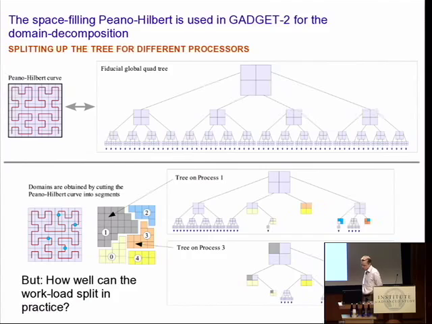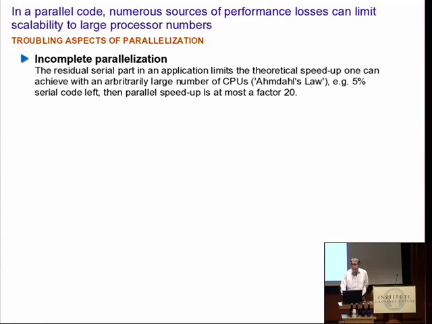And why do you want to do this? Well, it's kind of obvious. You want to give each of the processes an equal amount of work so that they are done at the same time, and that you can actually realize a large scale-up. Now I want to go through some of the problems that you then come up with in practice, because it's actually usually not totally trivial to achieve that balance of work, at least not in collisionless dynamics.